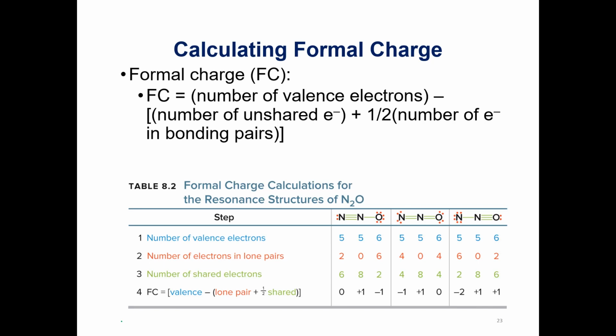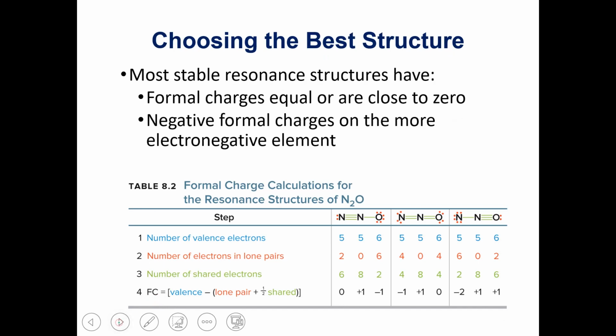So if we look at the formal charge for each of these, the question then is, how do we know which one we want? Well, there's a couple things that we're looking for. The first thing that we want is formal charges that are equal to or as close to 0 as we can possibly get them.